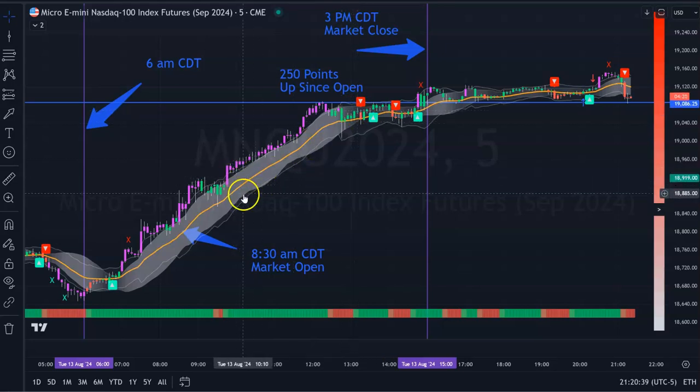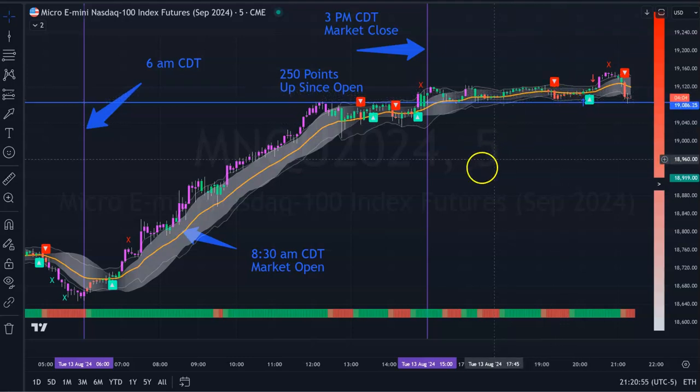You'll notice that the cloud or band does expand as there is more average true range in these candles. This will expand and or narrow down as the candles get smaller. Obviously, it narrows down. As they get bigger, they widen open. And then over here, this is what I call our temperature gauge.